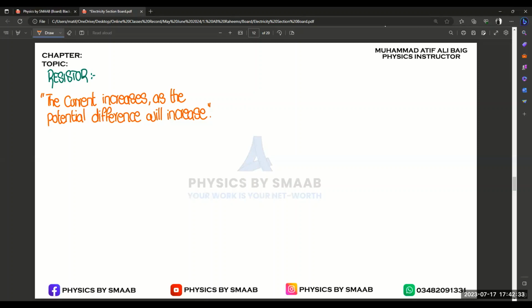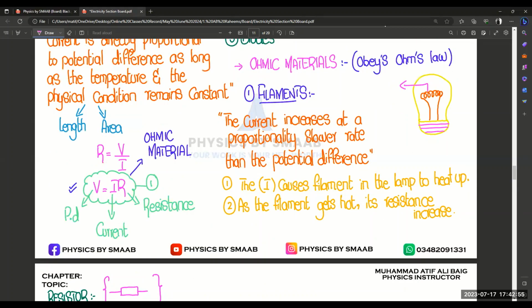So if we talk about their symbols, because now we also need to study the symbols of different components, because when we are going to draw a circuit diagram, we also need to know the symbols. The symbol for the resistor will be a rectangle with two lines like this. So this is the symbol for a resistor, right?